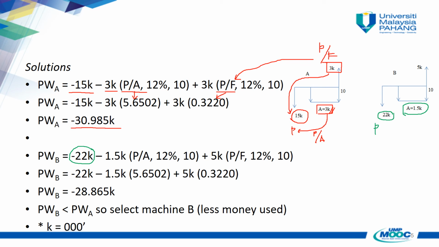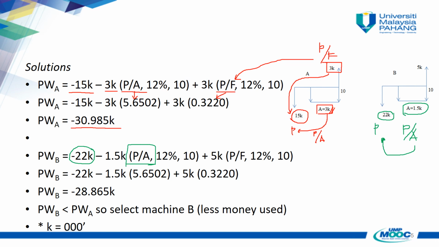This is our A. So we need to convert this A to become present value. So we want to find P when we know the A here. Directly we can calculate it: negative 1,500 multiplied by finding P when you know the A.